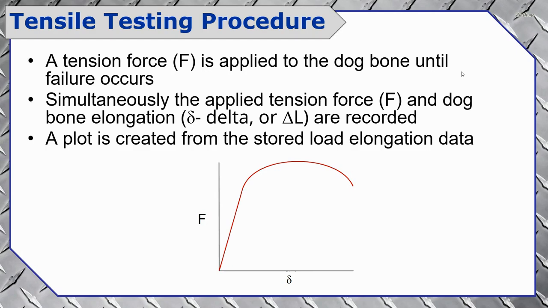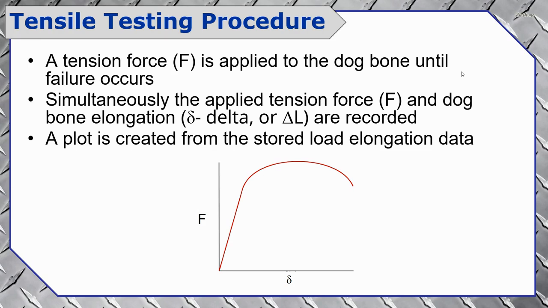On the y-axis is the force applied, and on the x-axis is the elongation. That little symbol there is the lowercase letter delta. And all that is telling us is how much longer that sample is getting as force is applied. And as you can see, initially the relationship between the force applied and the elongation is linear.